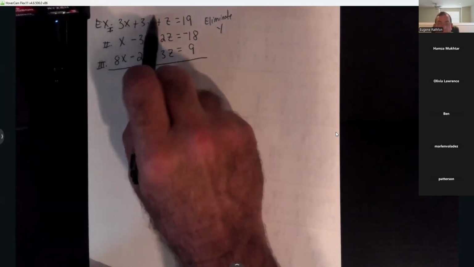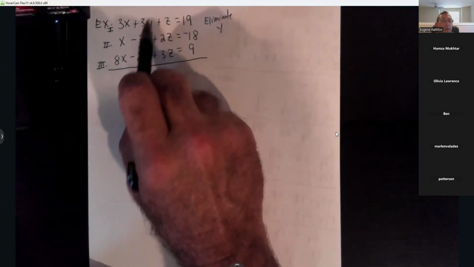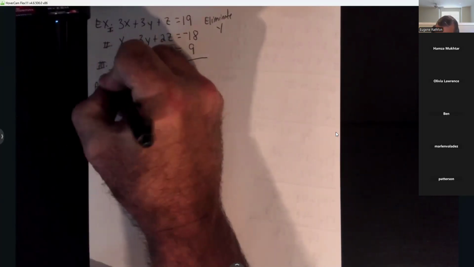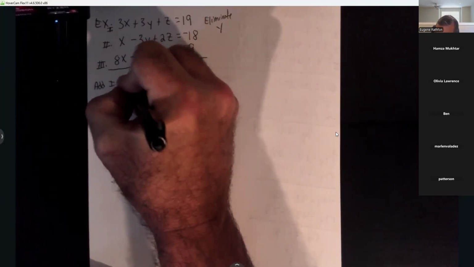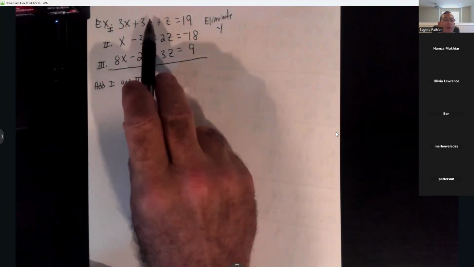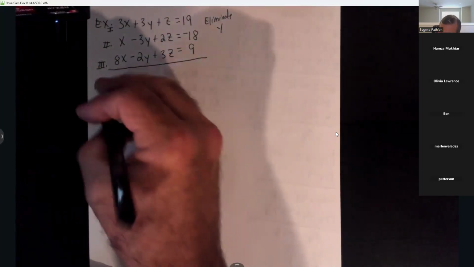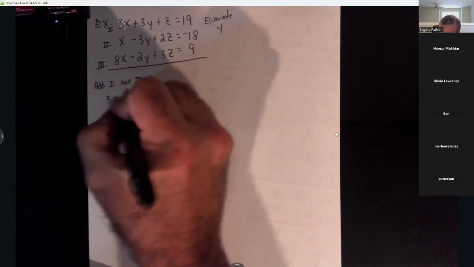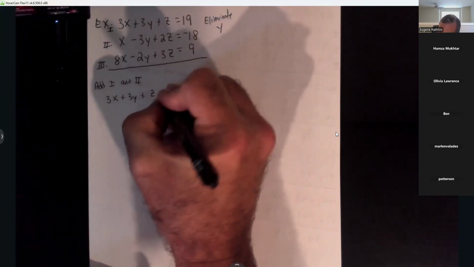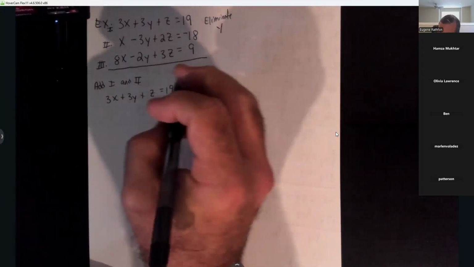So it looks right off the bat we can add 1 and 2 and get rid of the y. So I'm going to add 1 and 2. I don't even have to change them. I can straight up add them and they will get rid of the y, okay? So 3x plus 3y plus z equals 19.